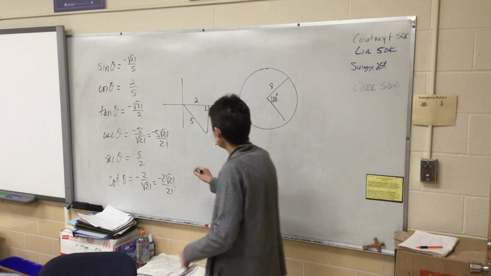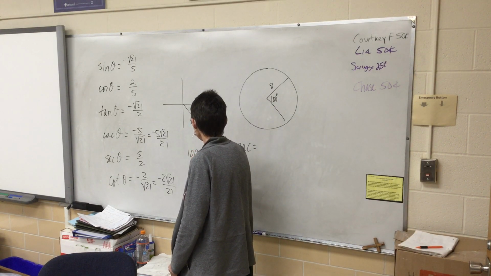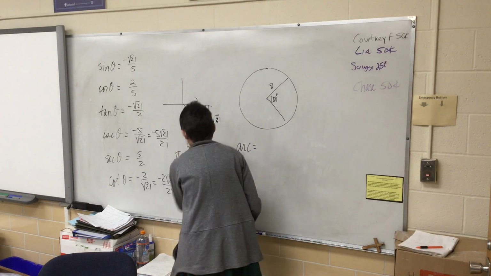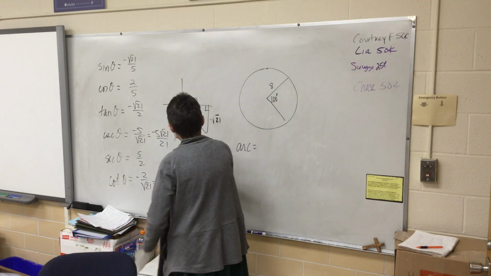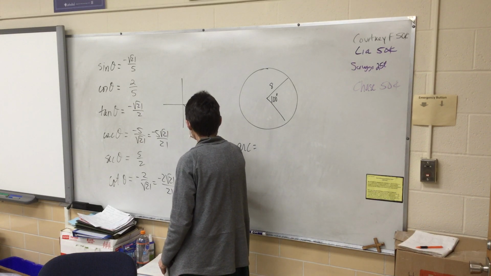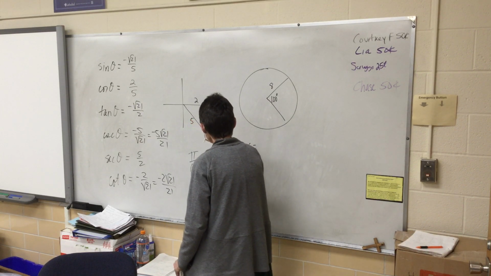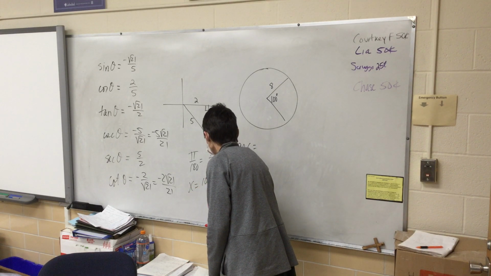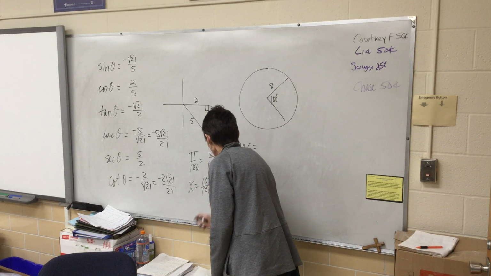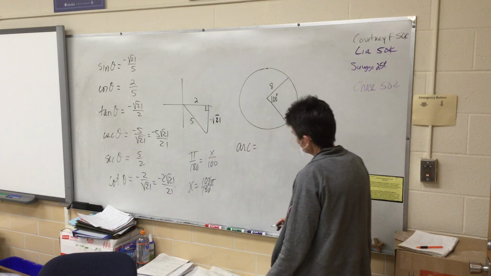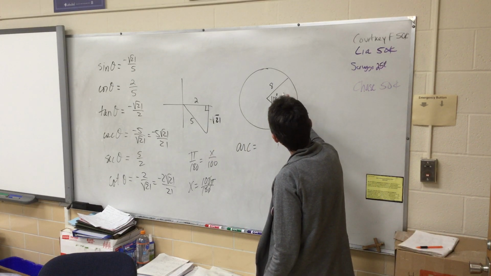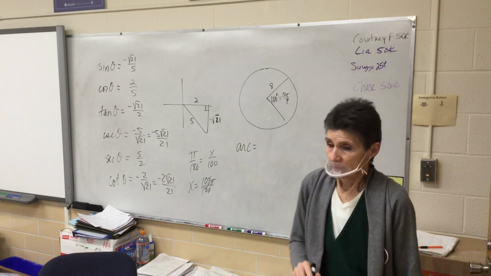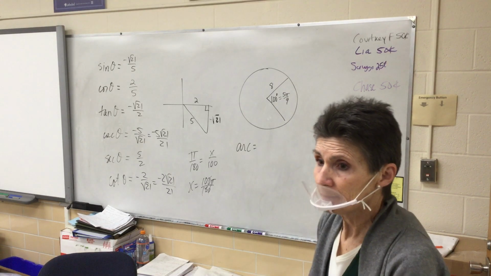All right, so here we go. Can we change 100 degrees into radians? Pi is to 180 as something is to 100. 5 pi over 9. Is that okay with everybody?